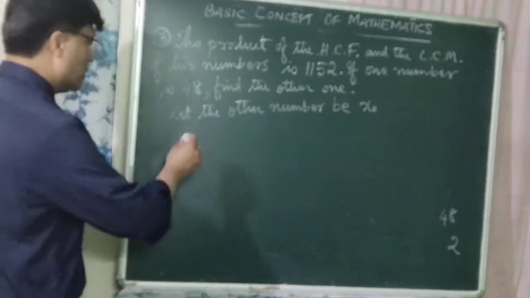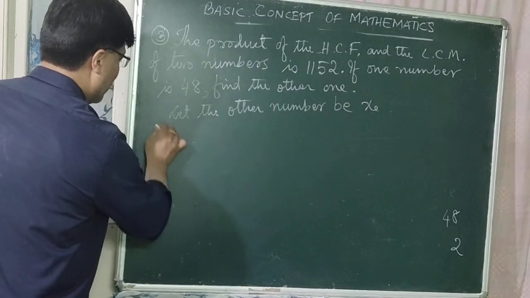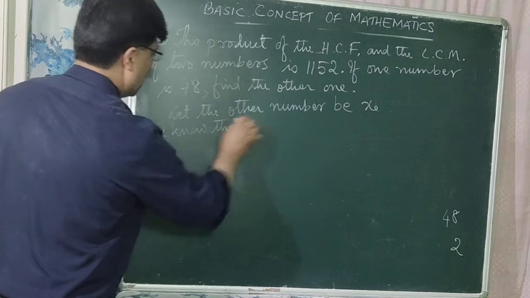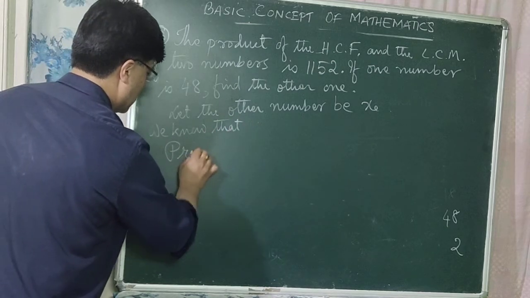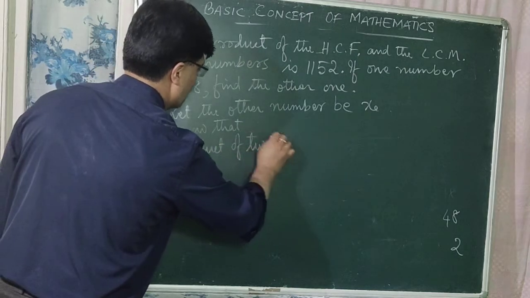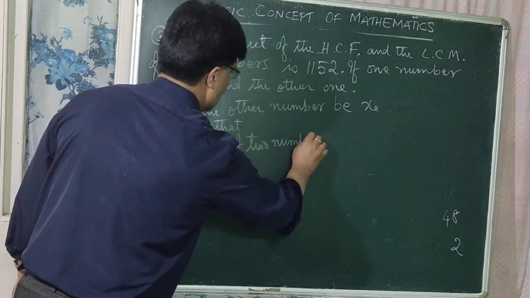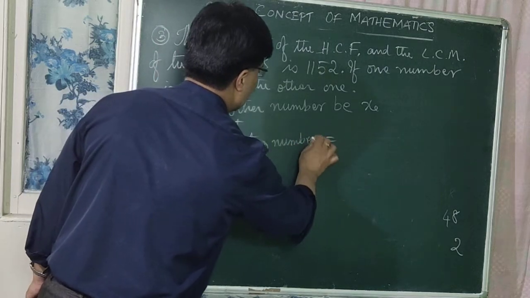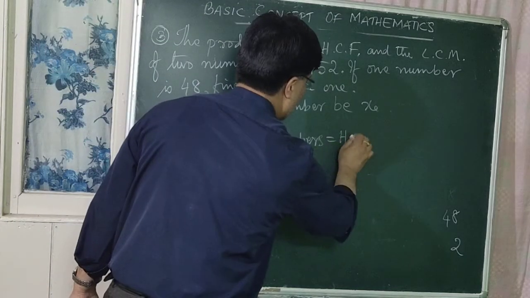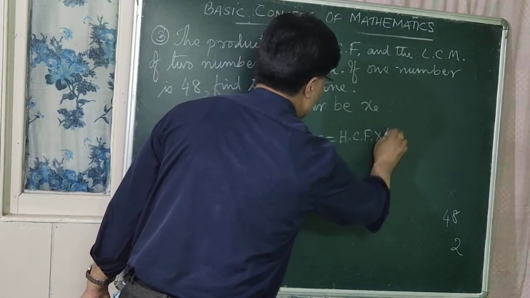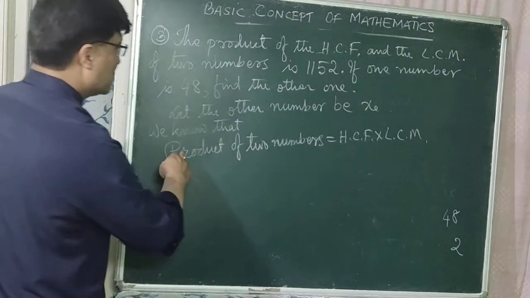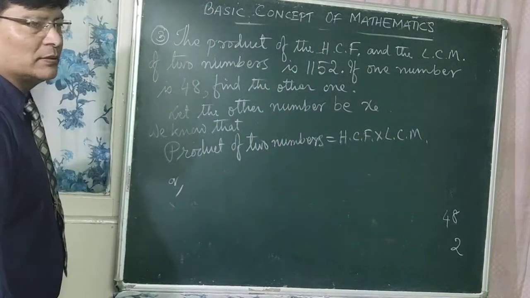Okay. So we know the formula. We know that the product of two numbers is equal to their HCF multiplied by LCM, right? What is the product of two numbers?